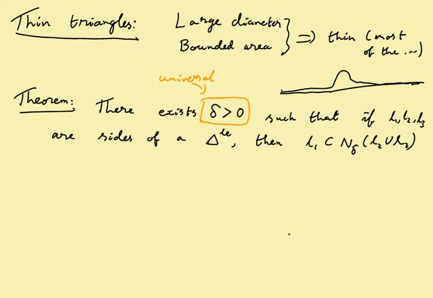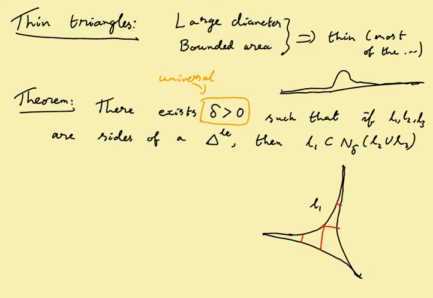What this is saying is that I have L1, I have L2, and I have L3. This is how a typical triangle looks. Given any point here, a point here is close to L1, a point here is close to L2, and a point here is close to actually both of them.